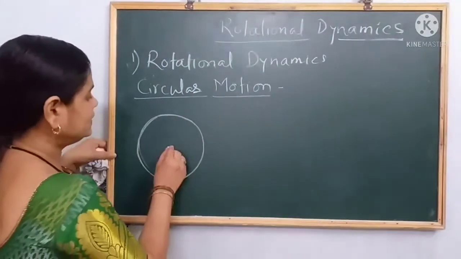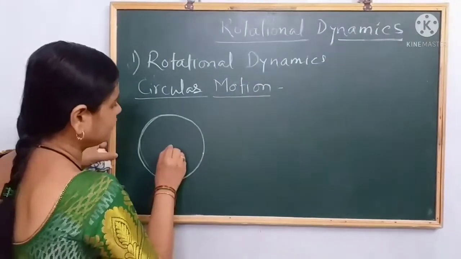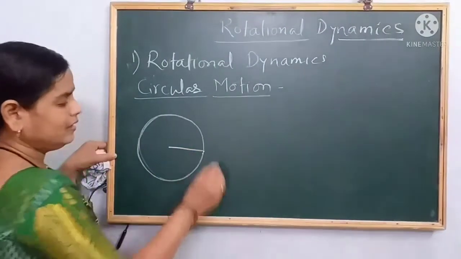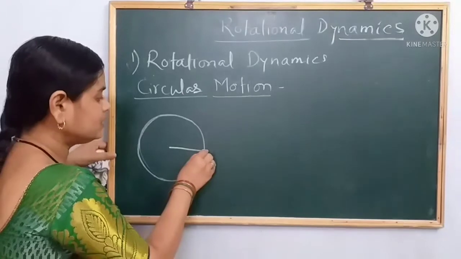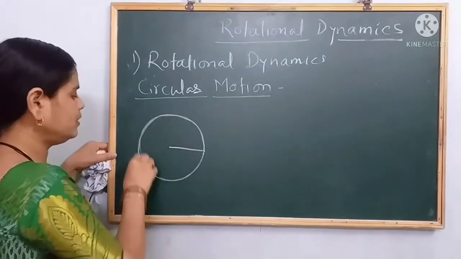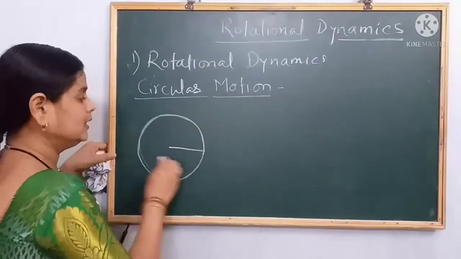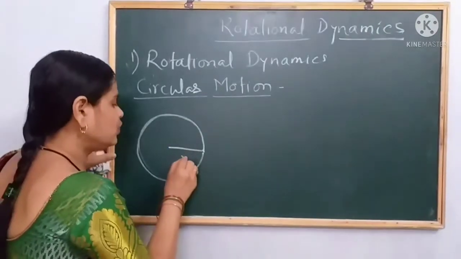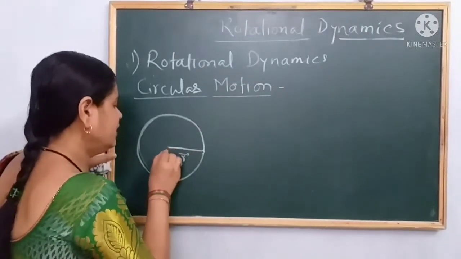First of all, suppose an object is lying here and starts performing circular motion about this point. Then this is the radius vector. What is the radius vector?